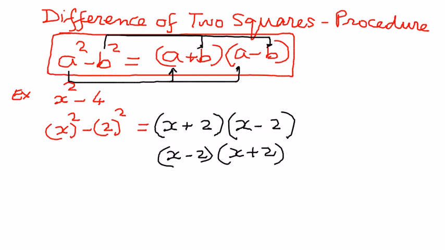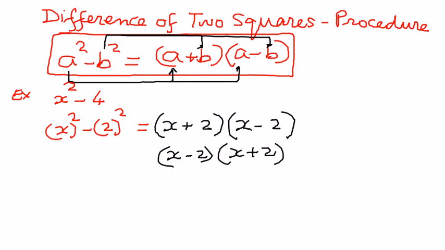Therefore A squared minus B squared, we can write as, the first time, the sum of the base terms, and then the second time, the difference of the base terms. So A squared minus B squared, we can think about it as A plus B times A minus B.